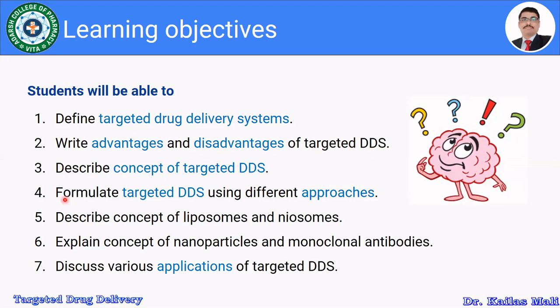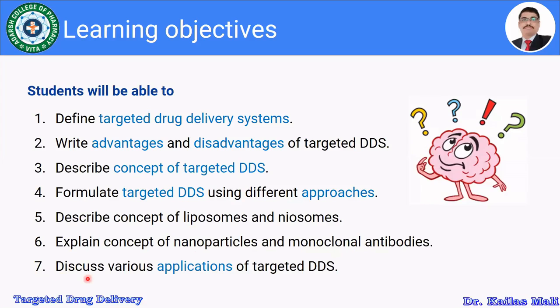You will be able to formulate targeted drug delivery system using different approaches. Then you will be able to describe concepts of liposomes and niosomes. You will be able to explain concepts of nanoparticles and monoclonal antibodies.